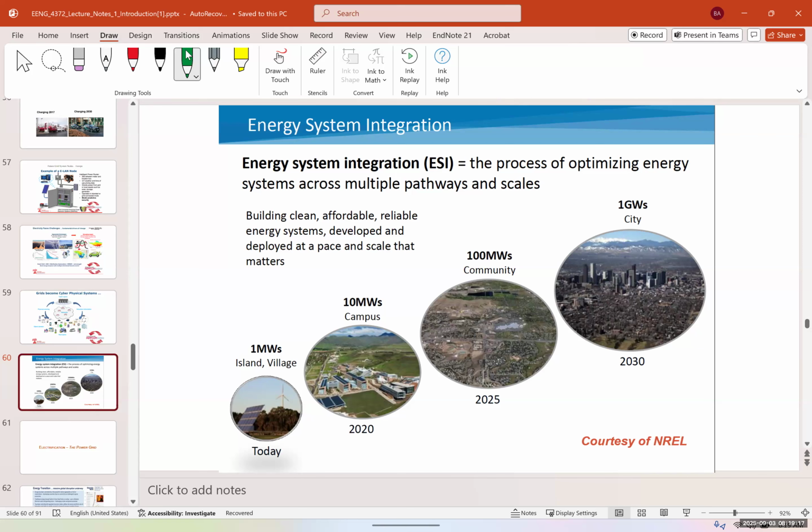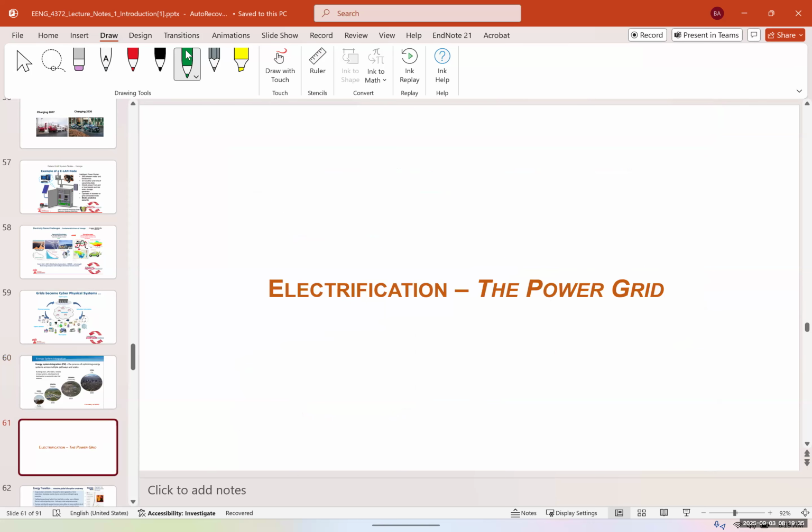We have island villages. This picture is from 2018, I think. We have a 10 megawatt system, the campus, 100 megawatts, which are the communities, and 1 gigawatt systems. We have 100 megawatt systems easily. We can do that with solar panels right now.